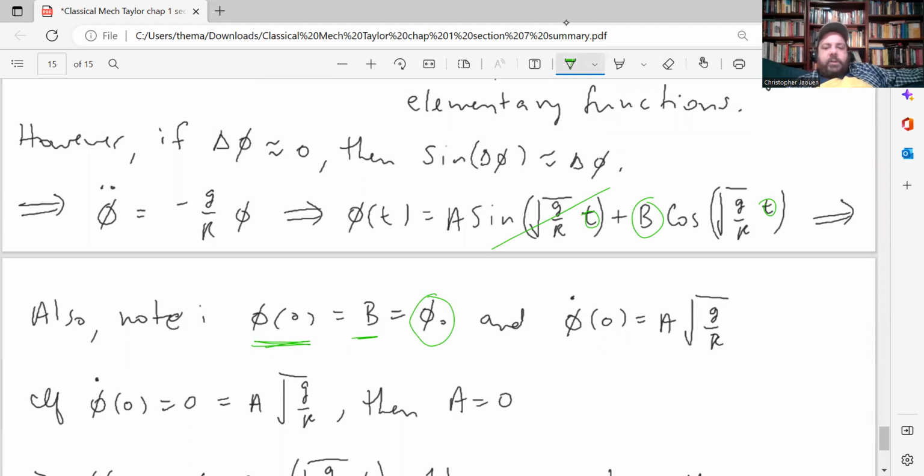And then also, since we're releasing the skateboard from rest, the initial velocity will be 0.